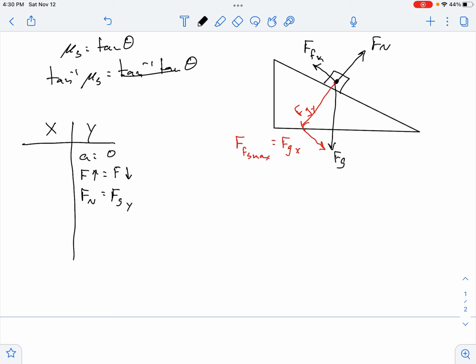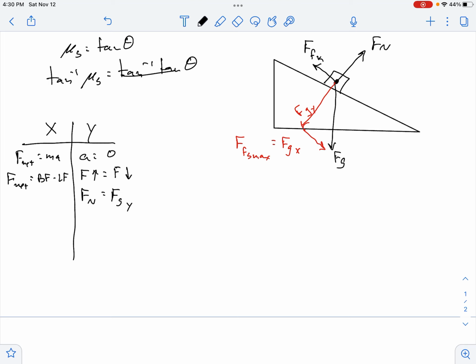I am going to accelerate in the X direction, which means I'm going to deal with F net is equal to MA, and F net is equal to my big force minus my little force.